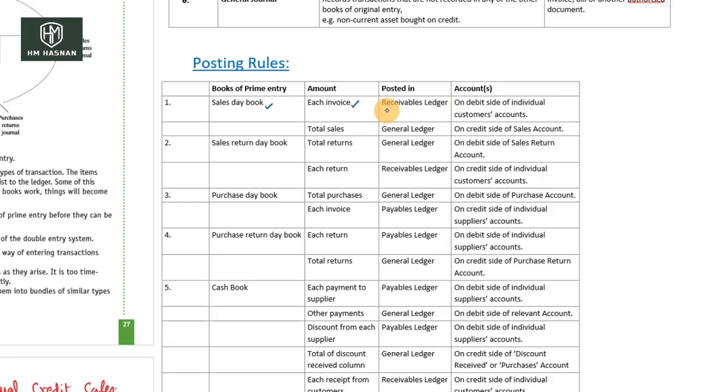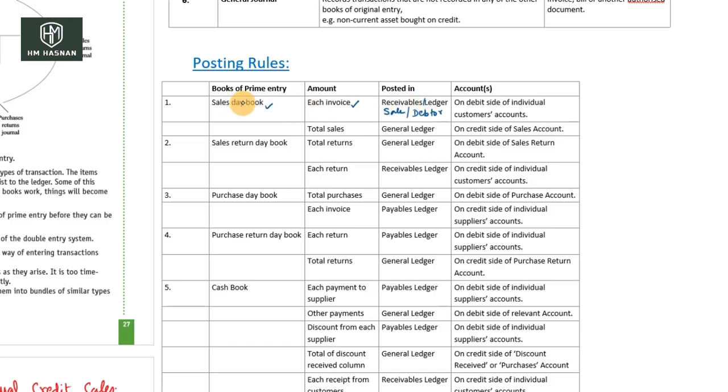Receivable ledger means sales ledger, means debtor ledger, the customers' ledger. So in the sales day book, where do we record individual transactions? In the sales ledger, also called the receivable ledger or debtor ledger.